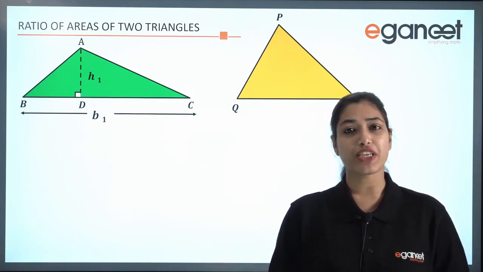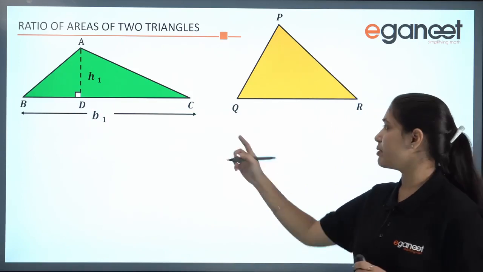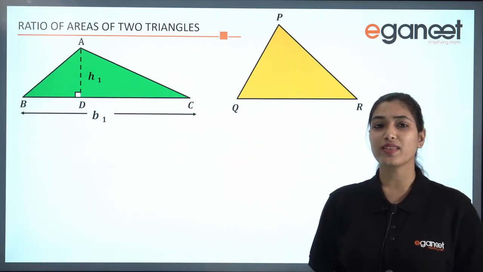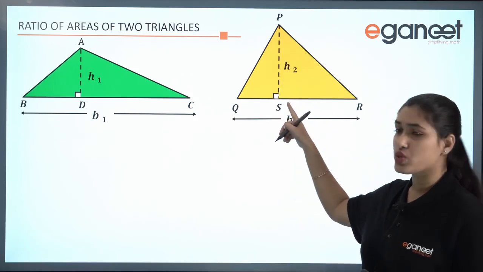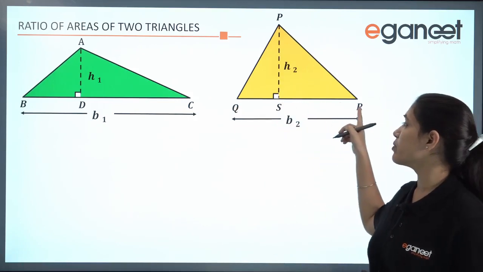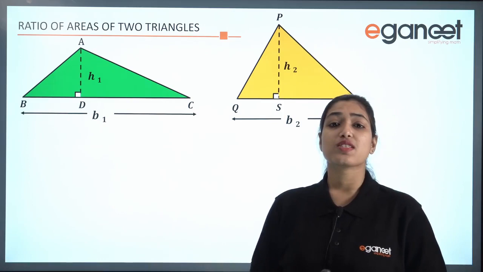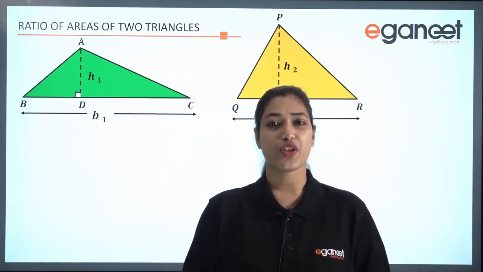Similarly, in triangle PQR, if I draw a perpendicular from the point P to the side QR, then what will be the base and the height of the triangle? Absolutely correct. This distance will be H2, the height, and this will be the base B2 of triangle PQR. Now, since we have the base and the heights of the triangles, we can find the area of the triangle.